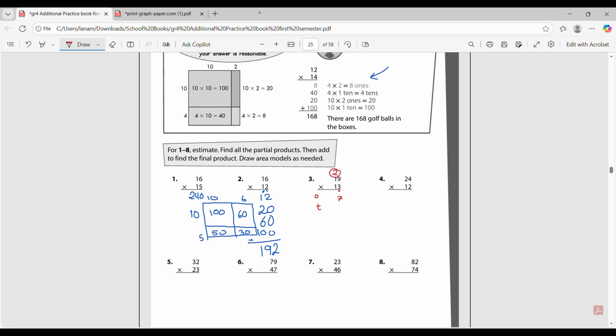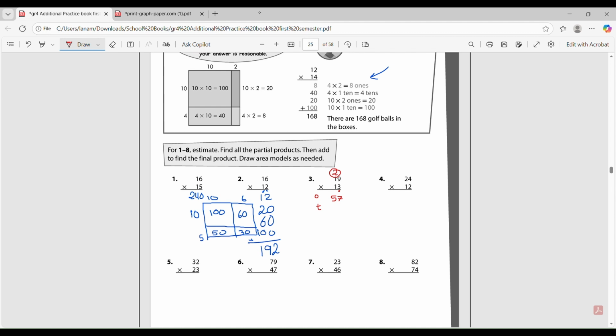I write the 10, I carry it to the next digit, and I write the ones under the ones. Now 3 times 1, I'm still working with the 3. 3 times 1 is 3, plus 2 is 5.